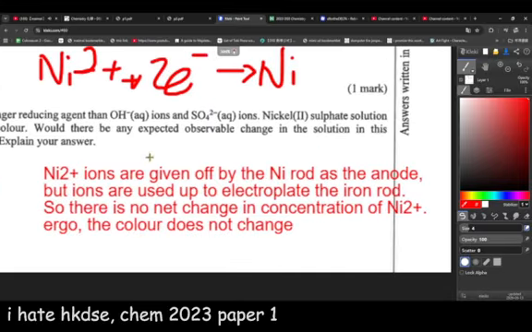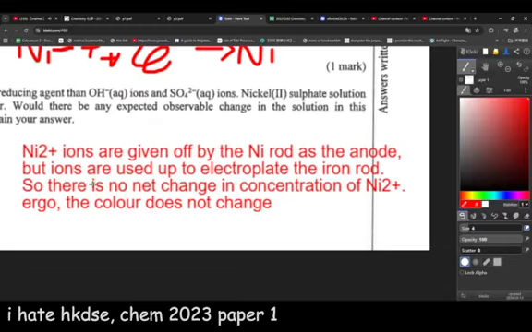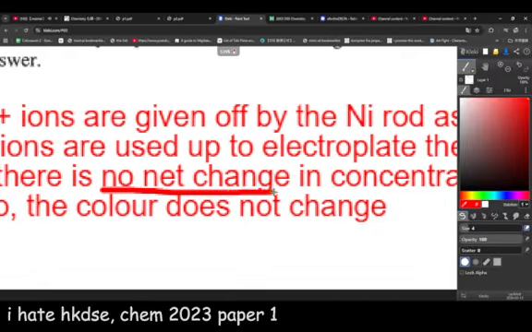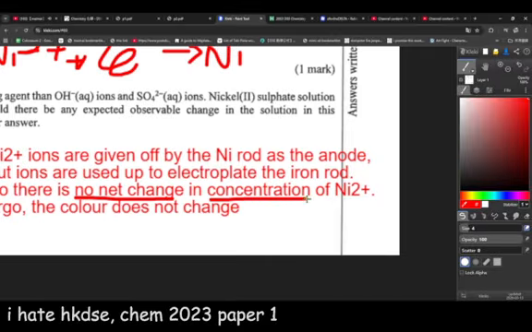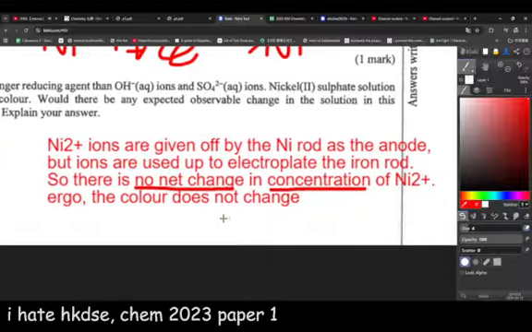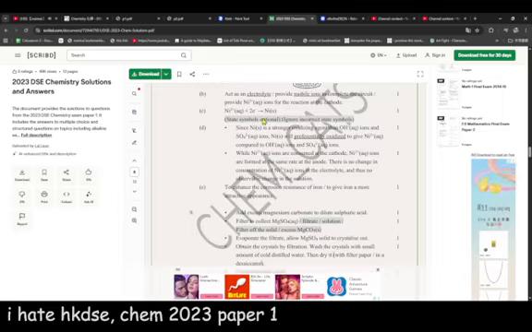Give the backwards and forwards reaction here, and then say no net change, concentration. You have to remember concentration is the key word, and the conclusion. Let's see if that's right.